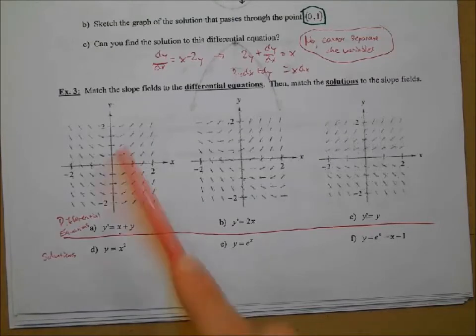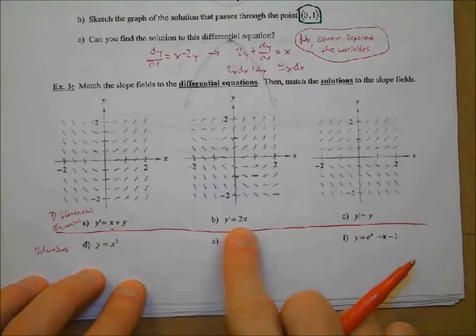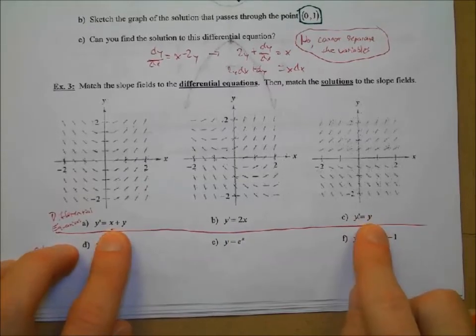So, this first slope field, A, B, or C? Which one does it match? B. Okay, so let's take a look here. What is unique about the differential equation for B that's not true for A and C?